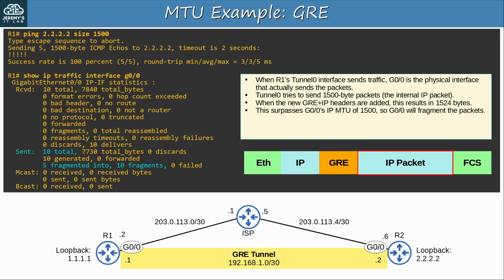So G0/0 will fragment the packets before sending them. So to summarize tunnel transport MTU, it is automatically calculated and represents the largest internal IP packet size that can be sent without fragmentation. So, although I demonstrated it in this video, you shouldn't increase the tunnel interface's IP MTU to a value higher than the tunnel transport MTU.